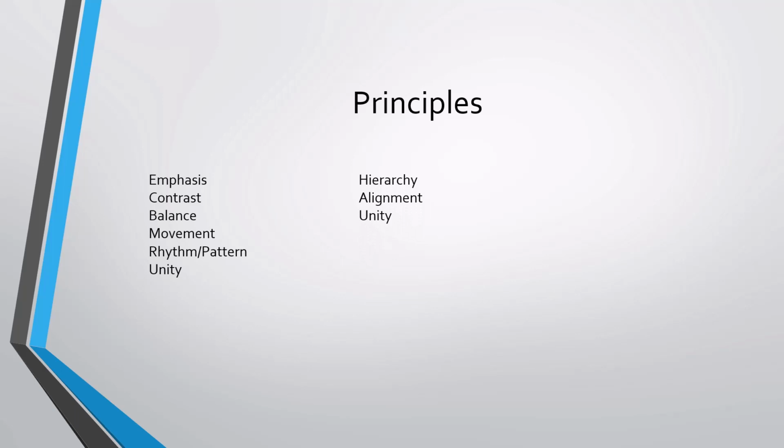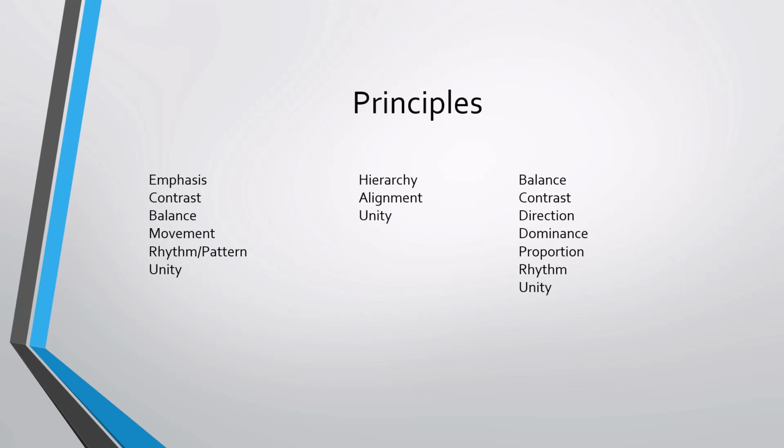Another book only lists hierarchy, which would be the same as emphasis, alignment, which is balance, and unity. And balance, contrast, direction, which is movement, dominance, which is hierarchy, proportion, which could be part of movement, it's just a little bit different, and unity.